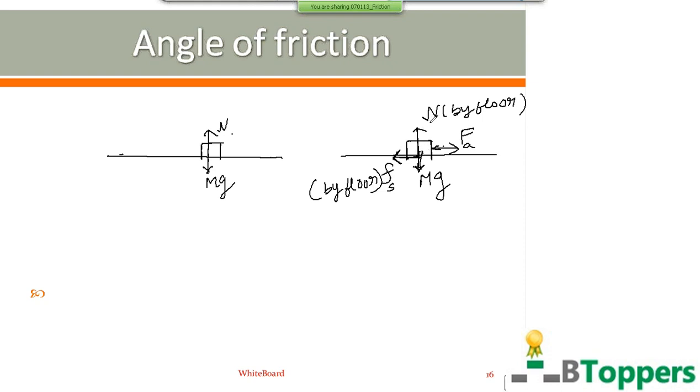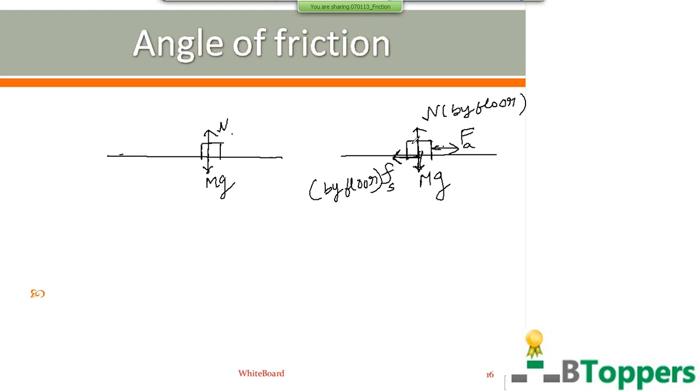So N is the magnitude of the normal reaction force exerted on the block by surface of floor, which represents the vertical component of the force on block by floor. Fs is the horizontal component of the force exerted on the block by the floor.